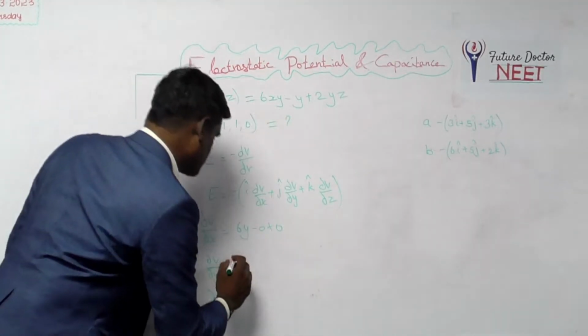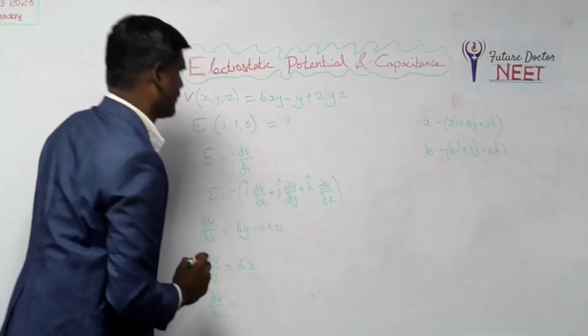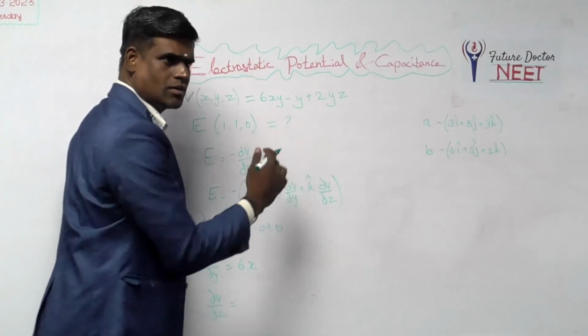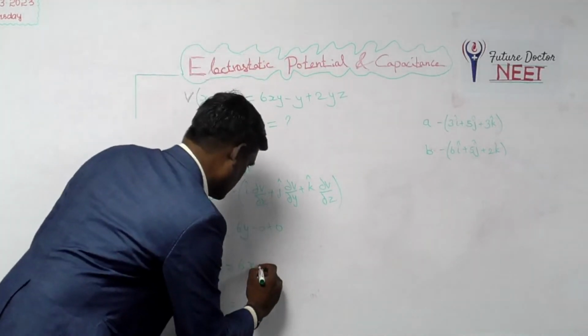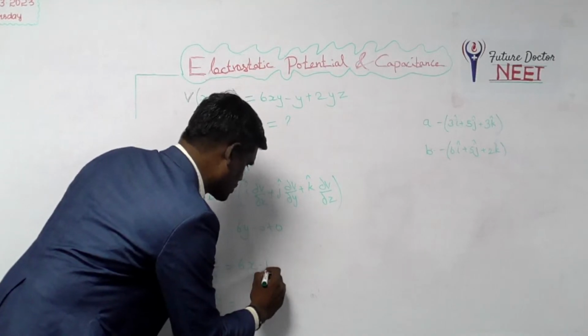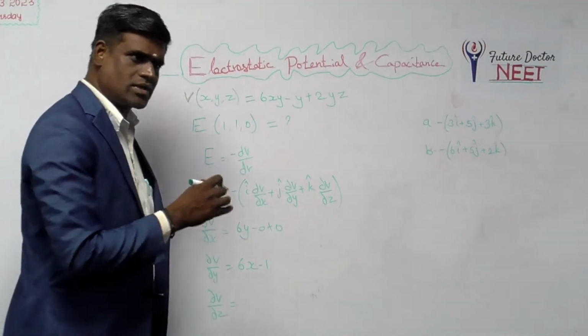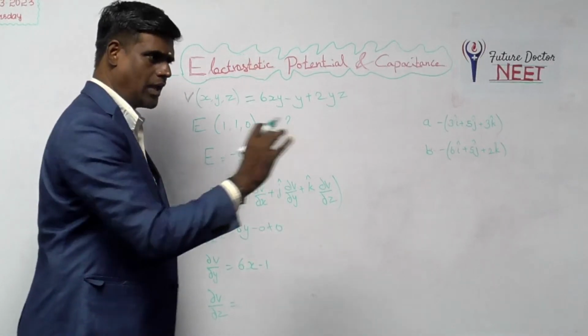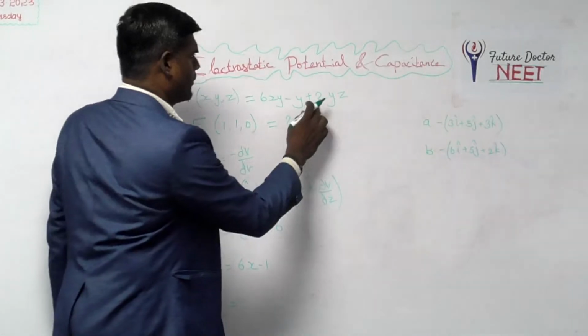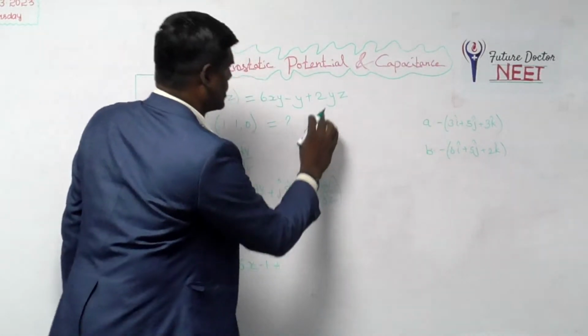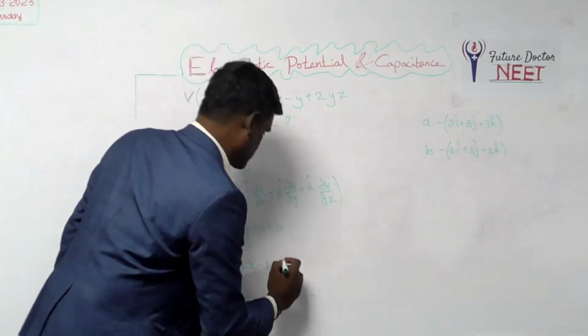If you differentiate this, 6x. And this one, y is a variable here, so 1. Differentiation of y is dy by dy, so that is 1. And if you differentiate this, plus, y is a variable, 2 into z.